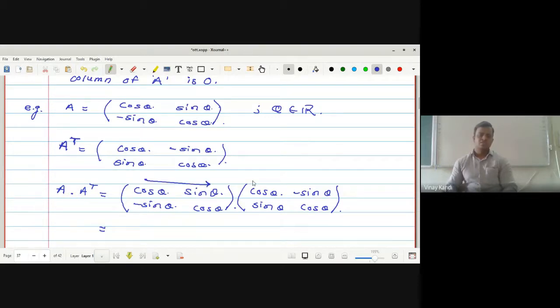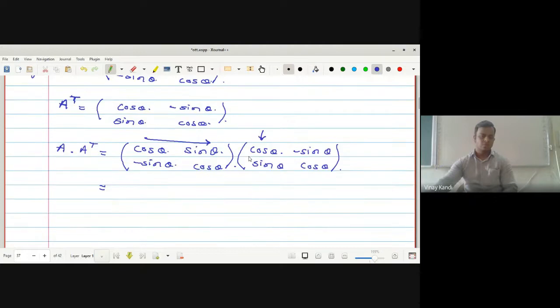First row with first column. The first element is cos theta into cos theta, which is cos square theta, plus sin theta into sin theta, which is sin square theta. This is the first entry of the product. Now first row with second column: cos theta into minus sin theta is minus sin theta cos theta, plus sin theta into cos theta.